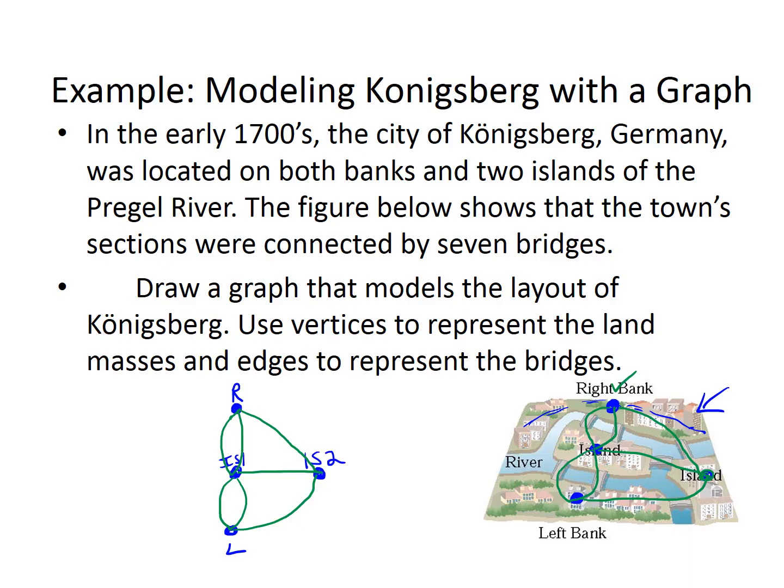And again, what Euler wanted to figure out, as we will talk about in a minute, is can a person walk through the town and walk over each bridge exactly once and start and end at the same place? So that's what we are going to be looking at.